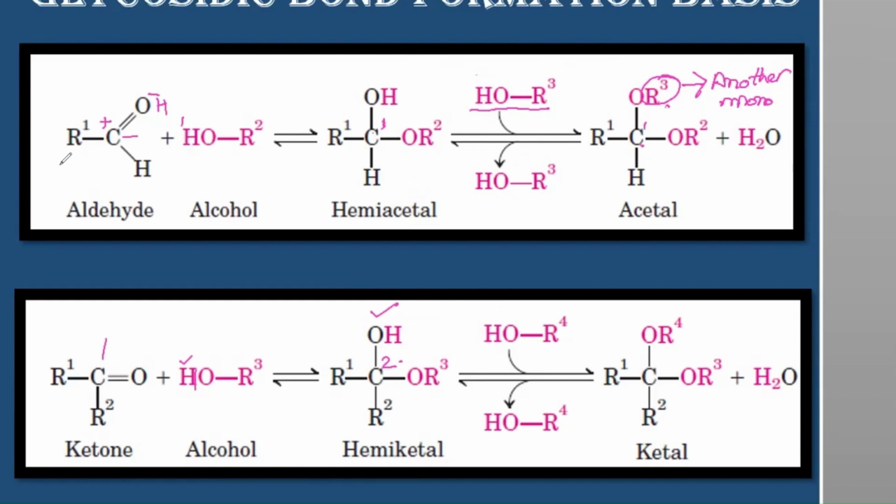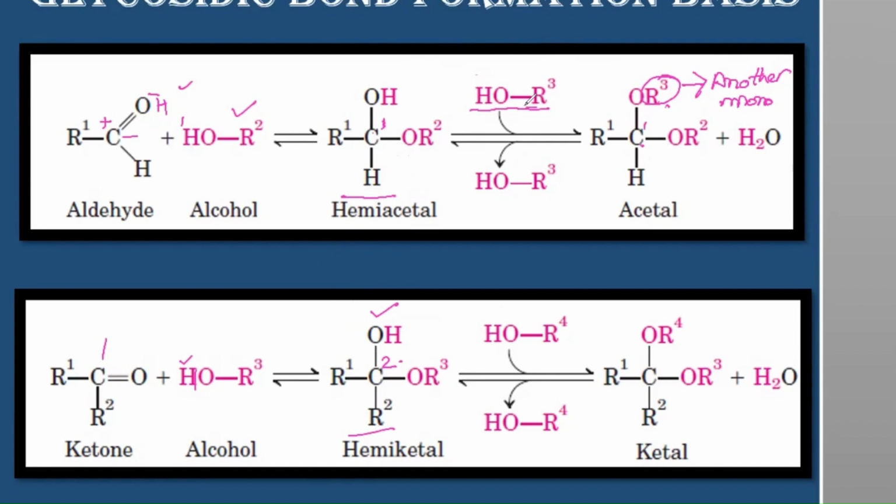But the major difference is that when this aldehyde and alcohol interact with one another, at the first place they are present within the same molecule, and this reaction where the hemiacetal and hemiketal are formed during the cyclization of aldoses and ketoses was an intramolecular reaction. But when this hemiacetal again interacts with an alcohol, this time it is the reaction between two different molecules, which means that this reaction is an intermolecular reaction.